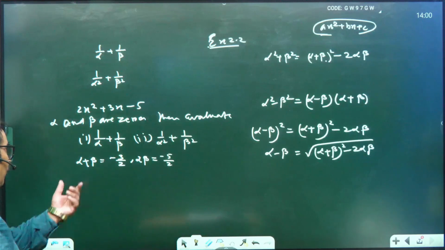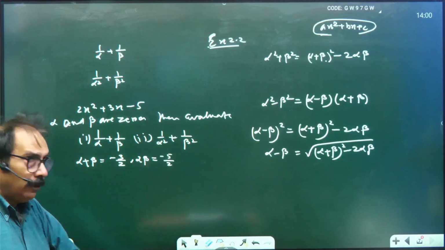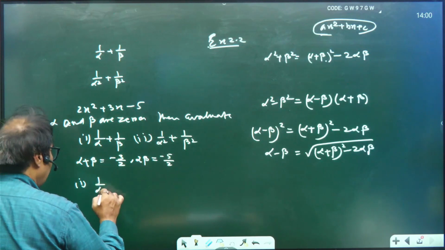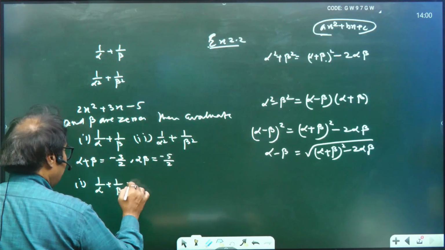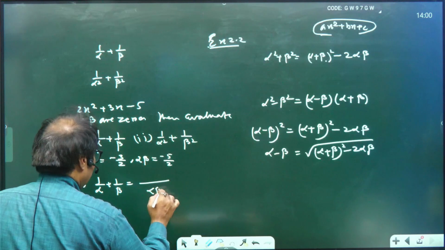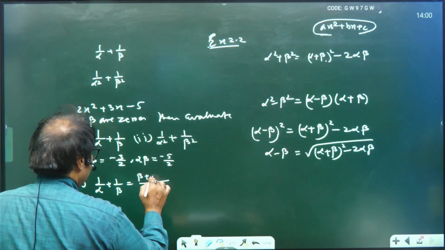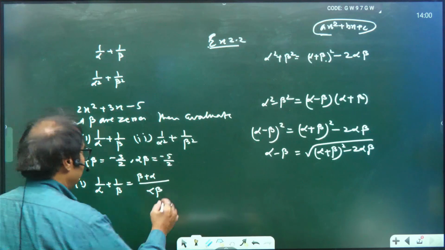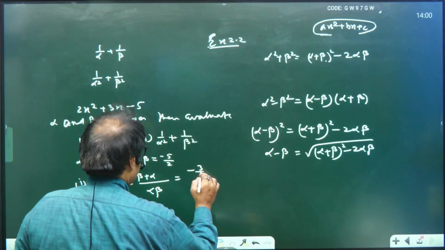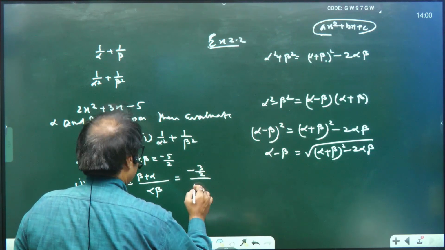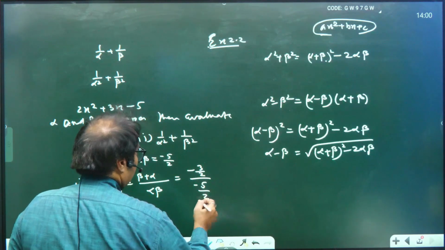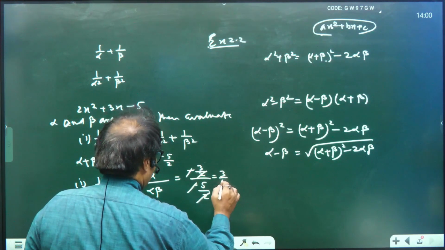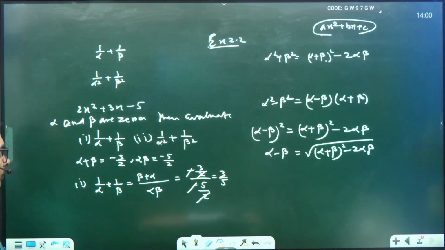Now starting the first part, 1 by alpha plus 1 by beta. Take the LCM. Alpha beta is the LCM. So this will be beta plus alpha upon alpha beta. Put the values: minus 3 by 2 and minus 5 by 2. The 2 and 2 will cancel and minus minus cancel. So the value of this is 3 upon 5.